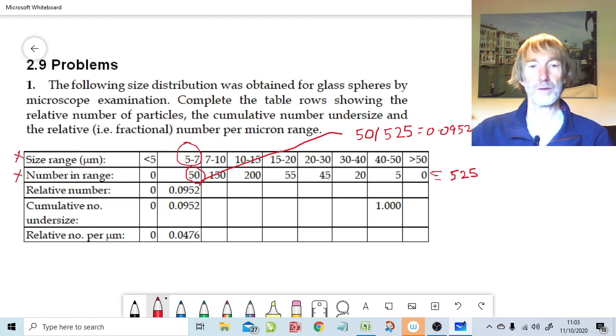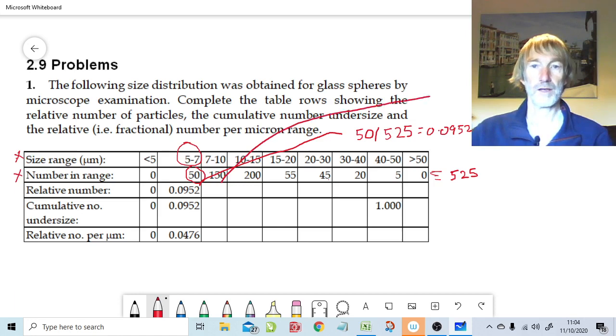So that's the number of particles in the range 5 to 7 microns. It follows then that that is also the amount of particles of the full range less than 7 microns, because we have no particles below that range, so it's the bottom of the range. So that's the number fraction in that range, and it must be the number fraction up to the top grade boundary of that range.